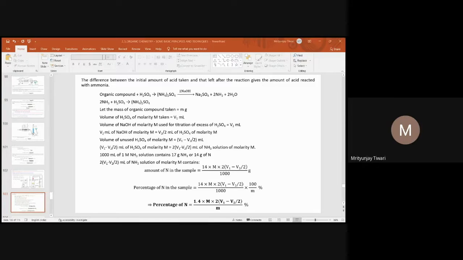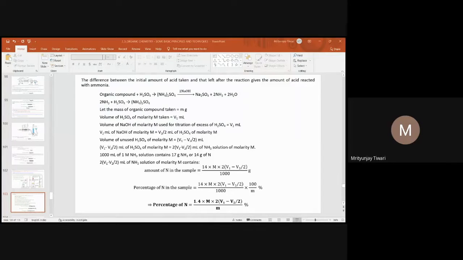So we get percentage of nitrogen equals 1.4 M into (2 V1 minus V2) by 2, divided by m, where m is the mass of the sample that we have taken. V1 is the initial volume of the standard H2SO4 solution that we have taken.